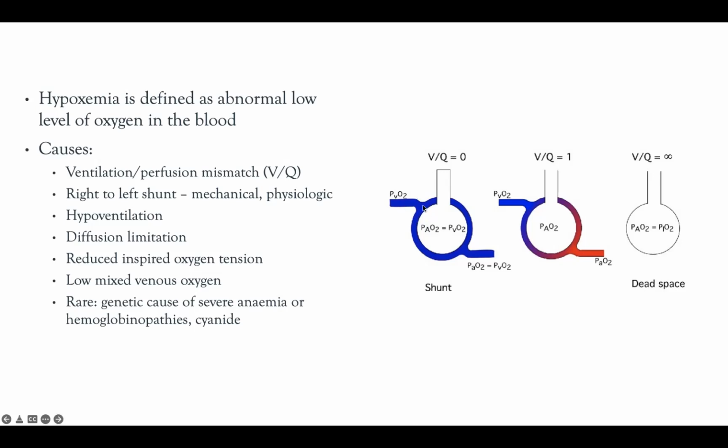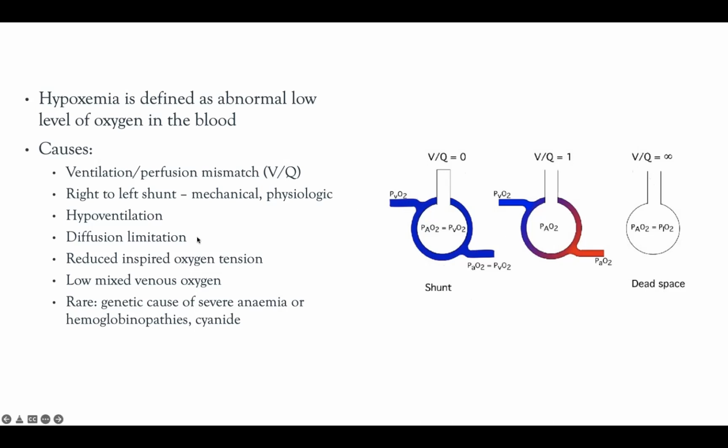Then our perfusion is still very good, however our ventilation is gone, and we can call that in an extreme situation a shunt. On the other aspect, when our perfusion is cut off, but there's enough oxygen in the alveoli, we call that dead space, and we have a very high V to Q ratio.